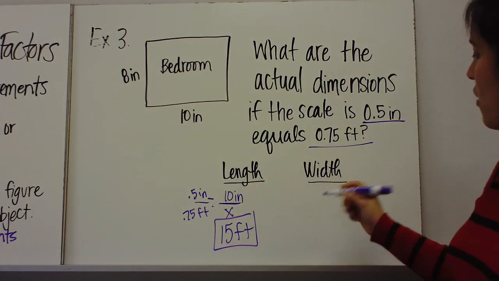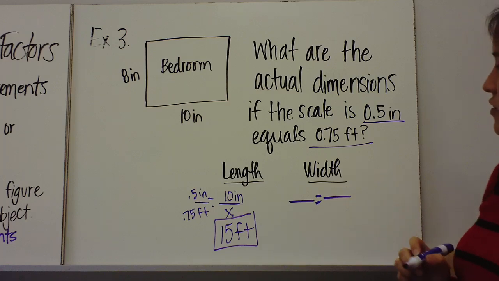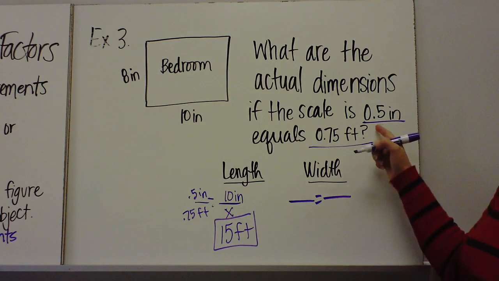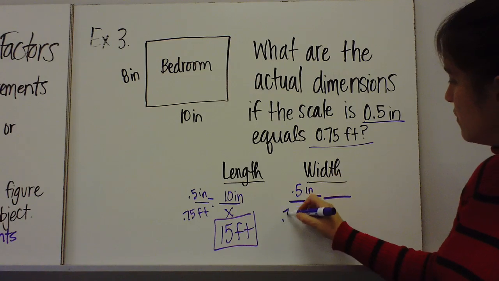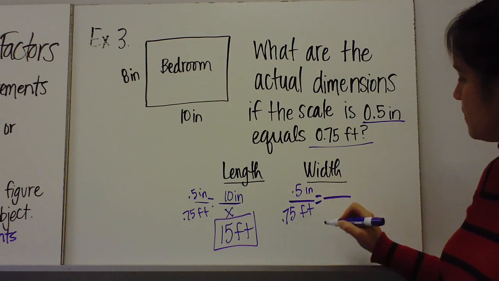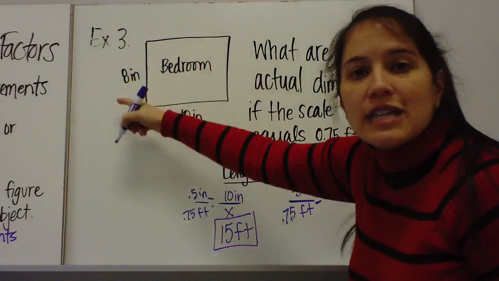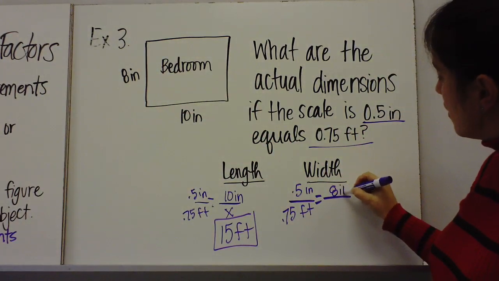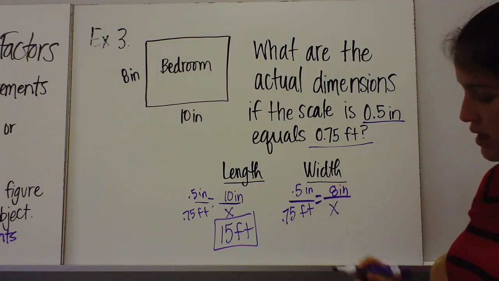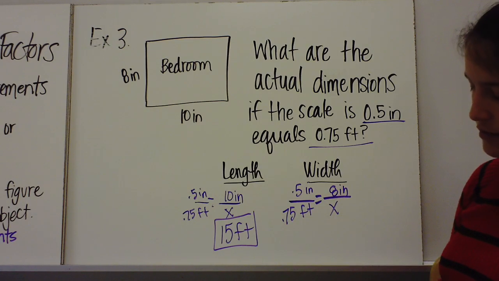And then I need to do it for my width. So I set up my proportion. I use my scale. And then I'm going to use 8 inches, and that's going to go on top, because we have to keep our inches together. Now cross multiply.